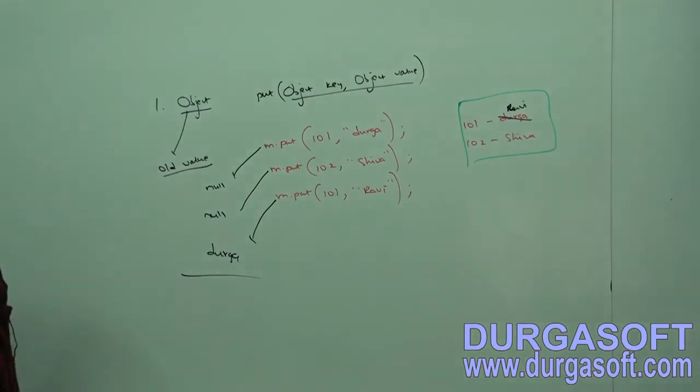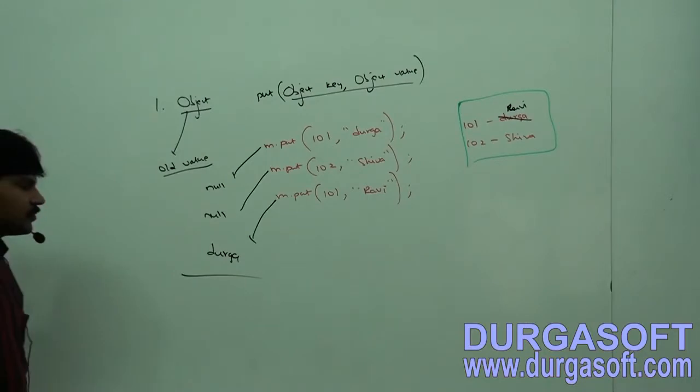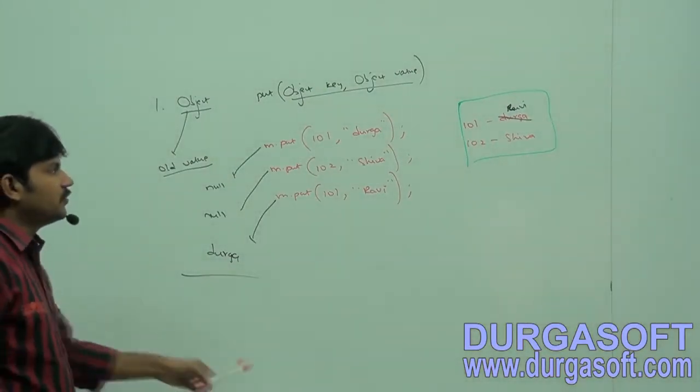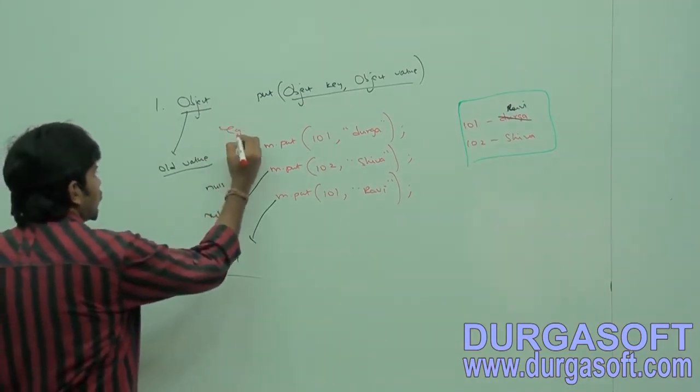Are you getting? Okay, this is under returns old value. Returns old value. Okay, example.